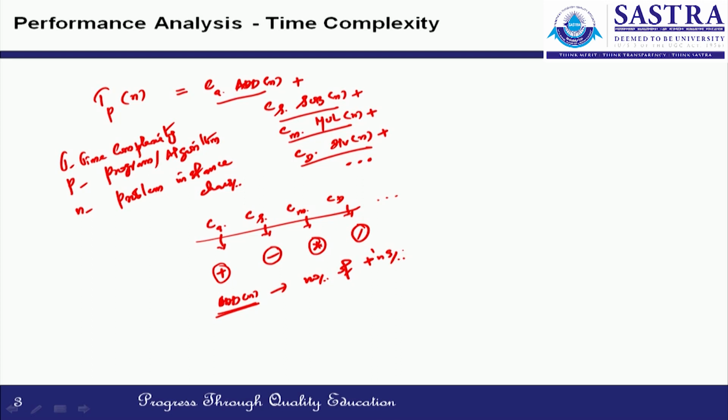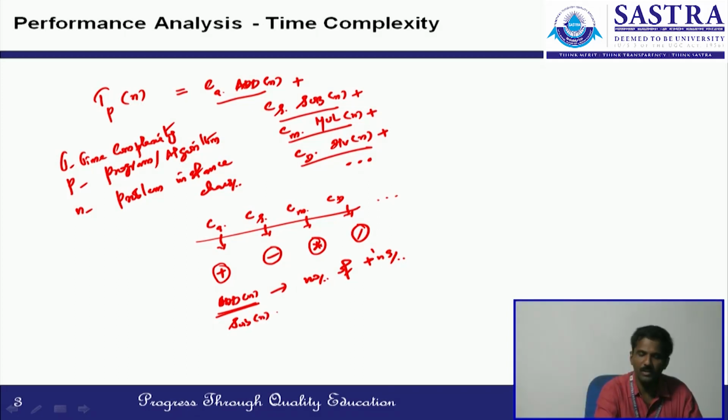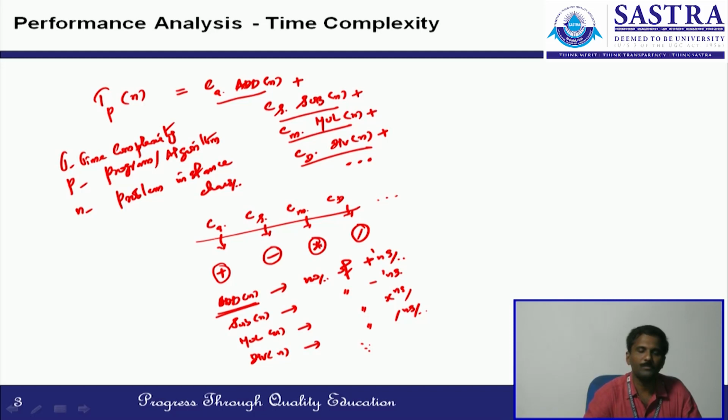Add of n is a function which defines the total number of additions carried out in the algorithm. Likewise, sub of n defines the number of subtractions performed in the algorithm. Then mul of n defines the count on the number of multiplications performed, and div of n defines the number of divisions performed, etc.